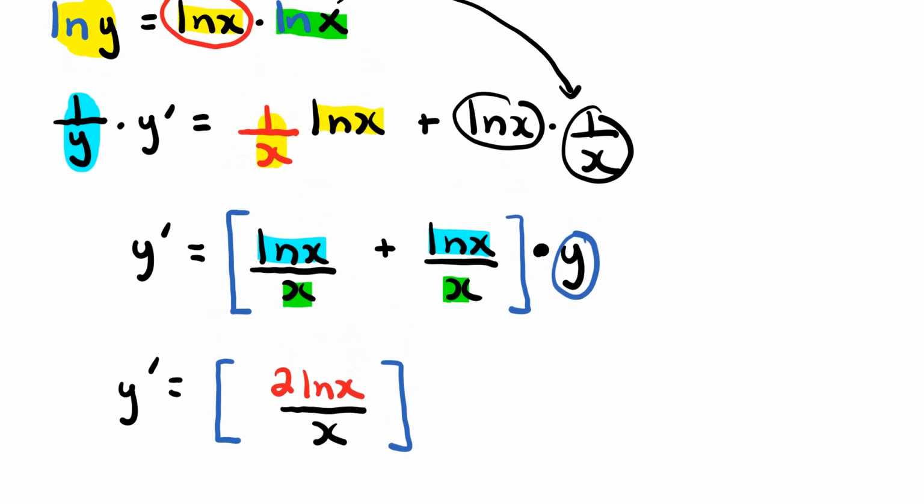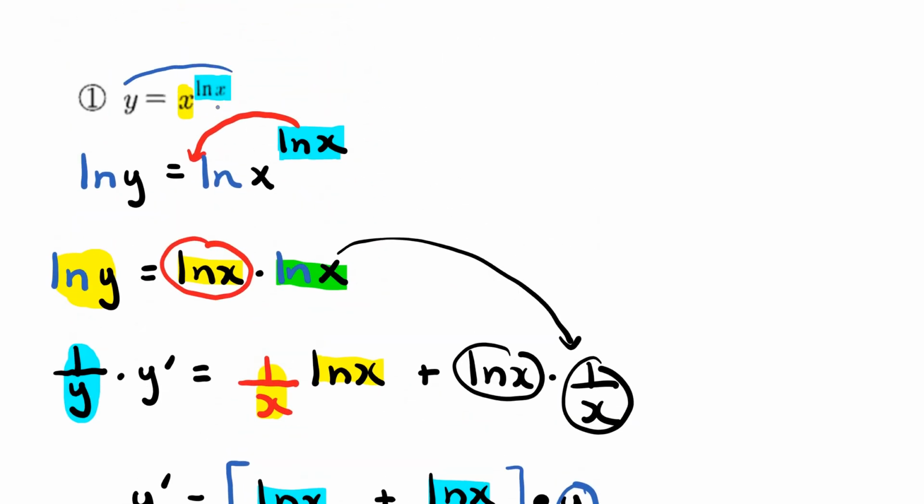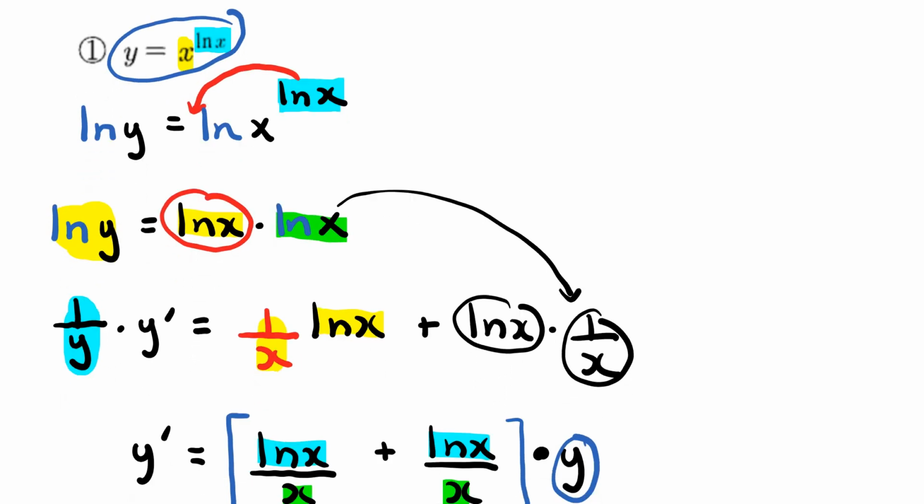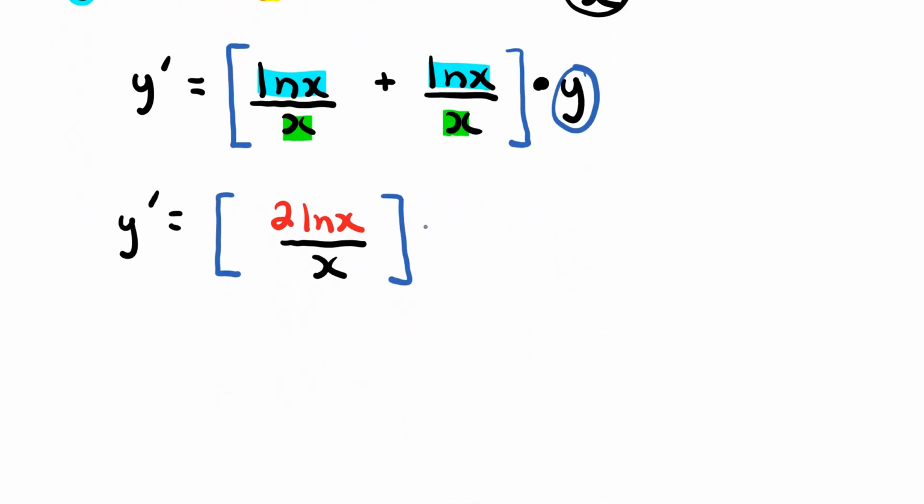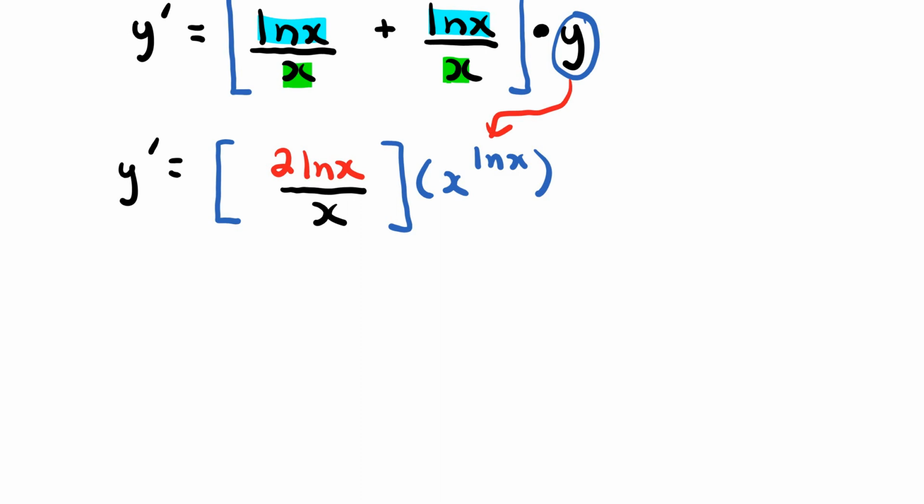Well, y is essentially the original question, so y equals x to the power of ln x. So you just multiply this by x to the power of ln x. This y is just the original function, which is x to the power of ln x. And that right there is your final answer. Let's move on to the next question.